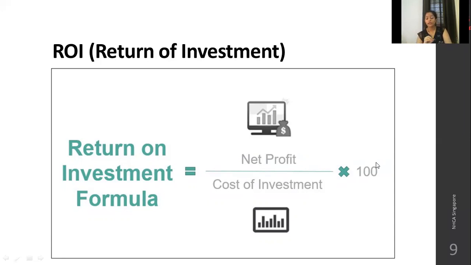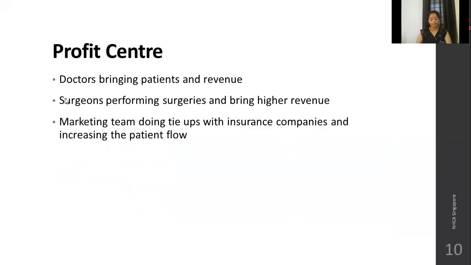But still, you can retrospect your decision. You can do a retrospective decision analysis of which investment was better. So that's how return of investment is used in the financial statement of an institution to compare between different kinds of investments. Then we have profit center.